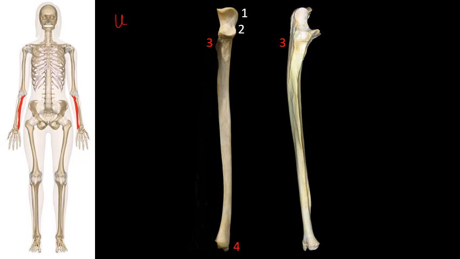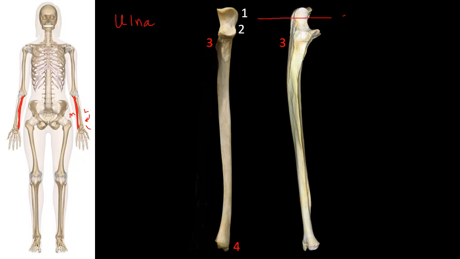Okay, so here we have the ulna. And the ulna, if we look at the body in anatomical position, we see that the ulna is more medial than the radius. The radius was lateral, so the radius is on the outside. And we can also see, remember that the thumb radiates out, so that places the radius where the thumb is, on the thumb side, in anatomical position. The ulna is medial. It's towards the inside of the body. Okay, so the basic landmarks here, we're going to have 4 of them, and 3 of them are going to help us identify the side.